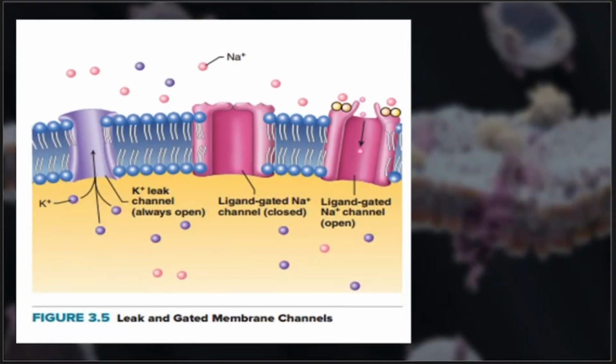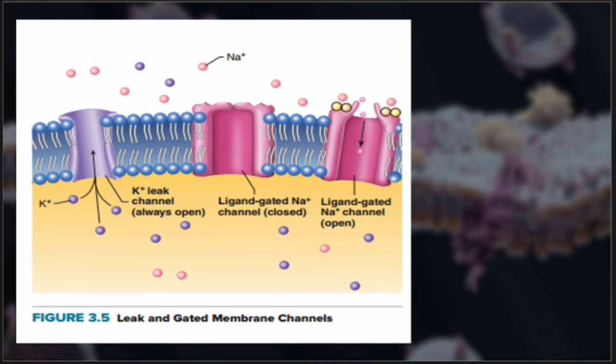Next, we also have here your figure 3.5, in which it talks about open and gated membrane channels. Your channel proteins are integral membrane proteins that create a small passage through the plasma membrane. The outside of these proteins is hydrophobic, which will match therefore the membrane's interior, which is hydrophobic.